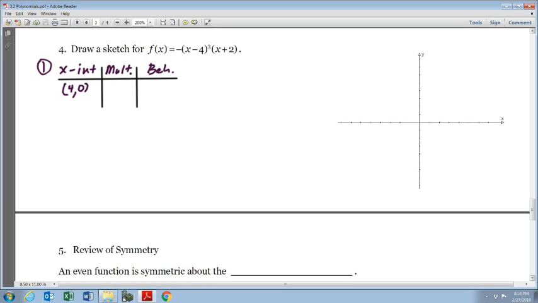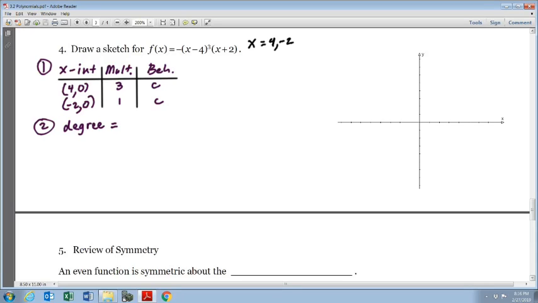It's not a bad idea to write out what these zeros are, so 4 and negative 2. And we know wherever we have zeros, we're going to have x-intercepts. So notice the exponent on x minus 4 is 3, so our multiplicity for 4, 0 is 3, and so the behavior we're going to cross because that's odd. And then at negative 2, 0, the exponent there is 1, and so we're also going to cross there.